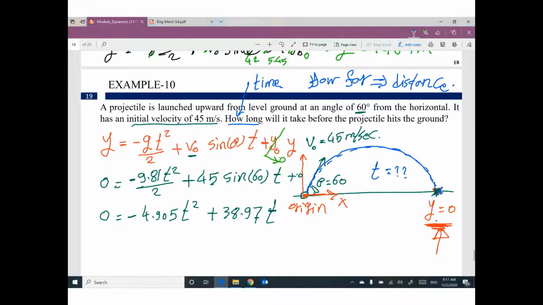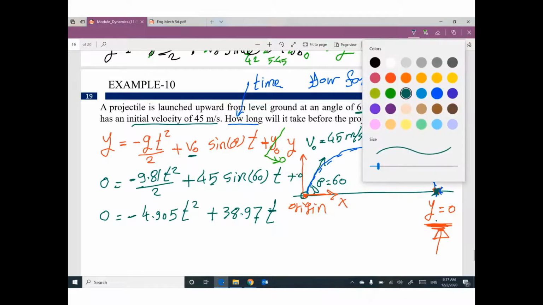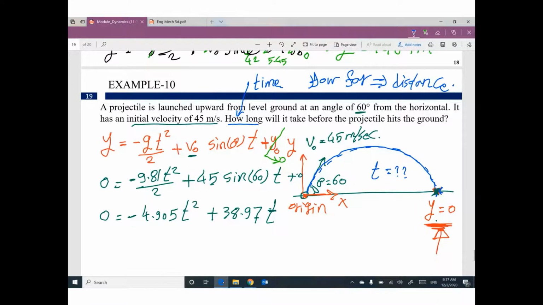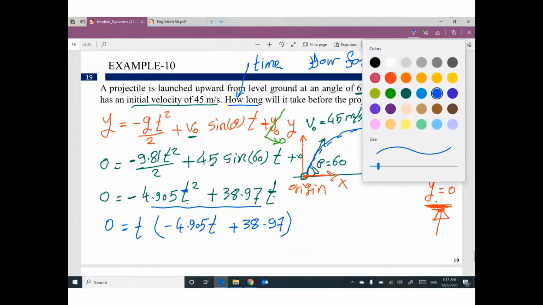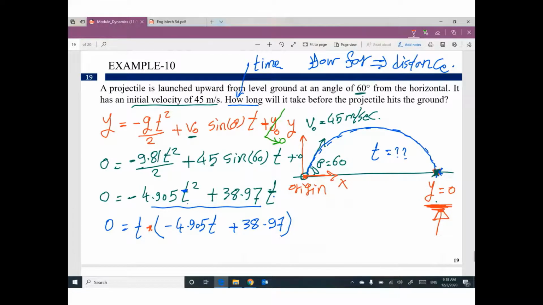We need to figure out the solution of this equation. Guys, do you remember what I did last meeting? 0 equals. I will take t outside these terms. So the remaining here will be negative 4.905 t. The remaining from this term will be 38.97. We have two terms multiplied together equal to 0.